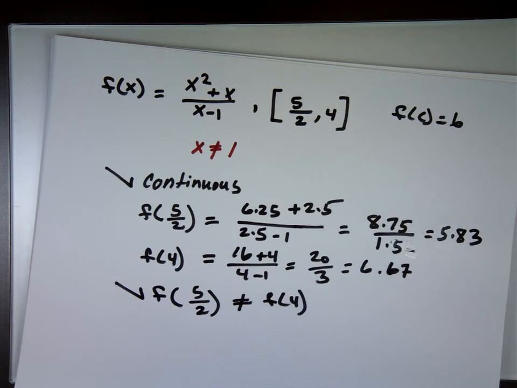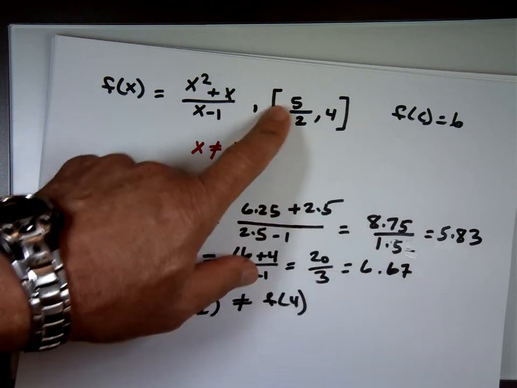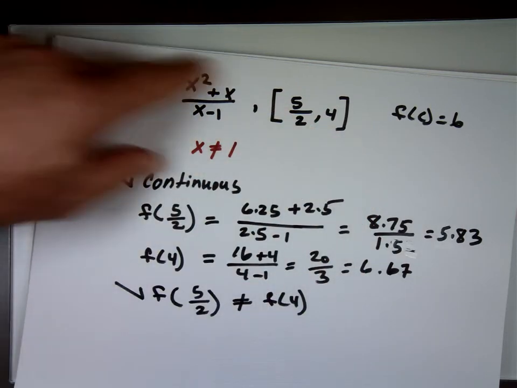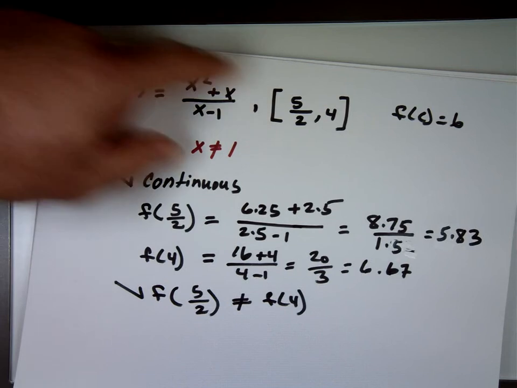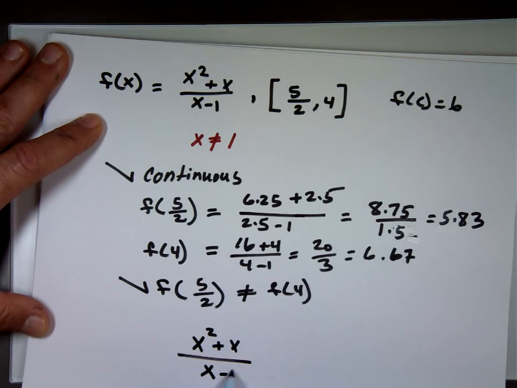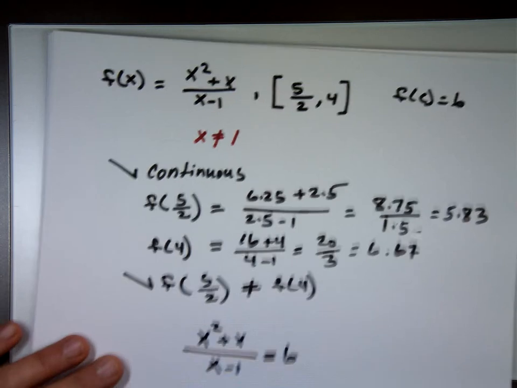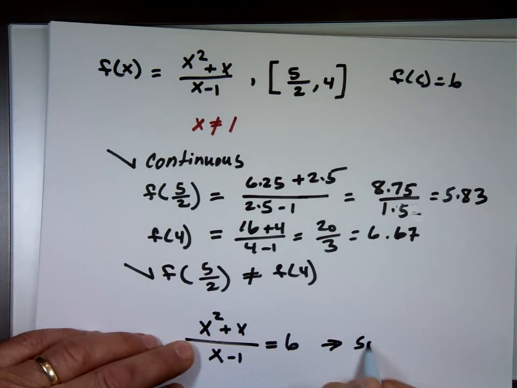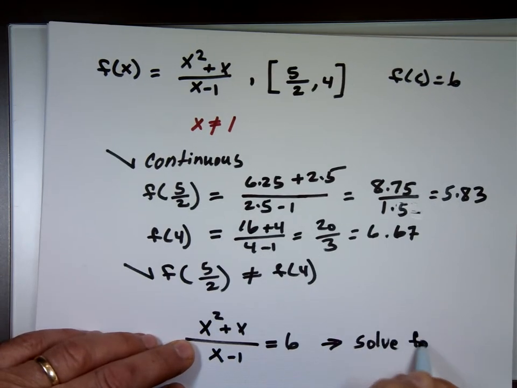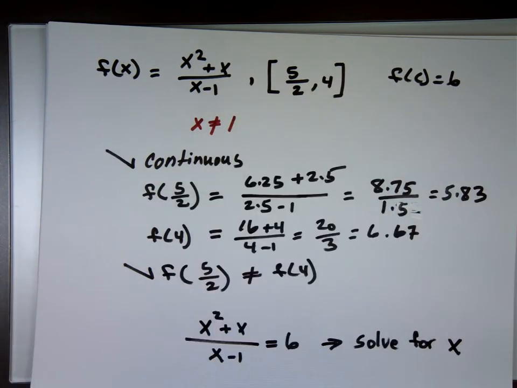Well, then the theorem says there has to be a number between 2.5 and 4 where the value of this is equal to 6. So let's take this one and set it equal to 6 and solve it, and see if we can prove that. Set that equal to 6 and solve it for x. And if our number happens to be between 2.5 and 4, we've proven that theorem.